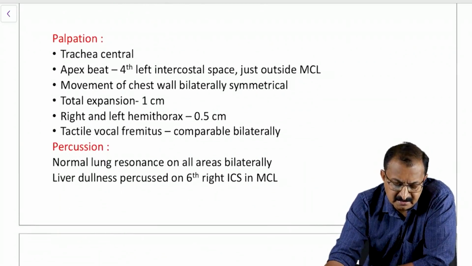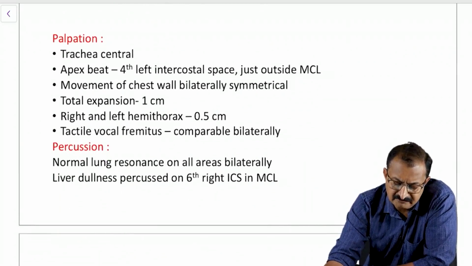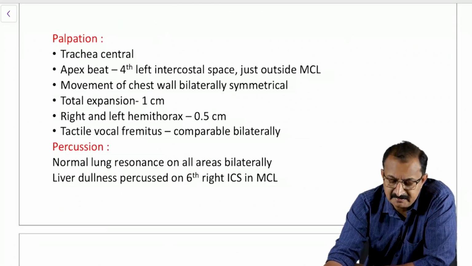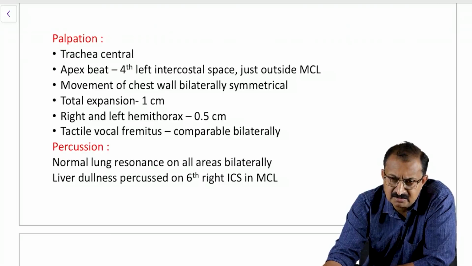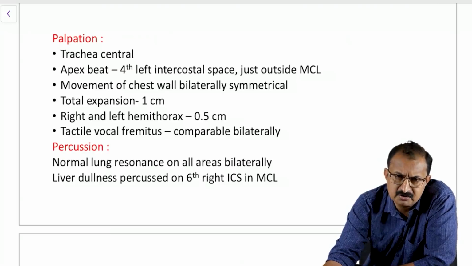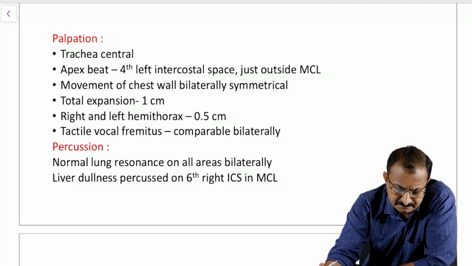On palpation, trachea is central. Apex beat is in the fourth left intercostal space, just outside the midclavicular line, which is normal for an infant. Movement of the chest wall is bilaterally symmetrical. It is very difficult to measure the expansion in an infant like this, which is not actually needed. You can observe whether the chest is expanding symmetrically on both sides.